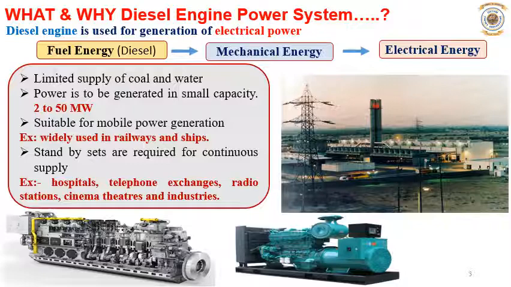For example, in hospitals, telephone exchanges, radio stations, cinema theaters, industries, and even in schools where continuous power supply is very much essential. So this diesel engine power system will meet all such requirements.